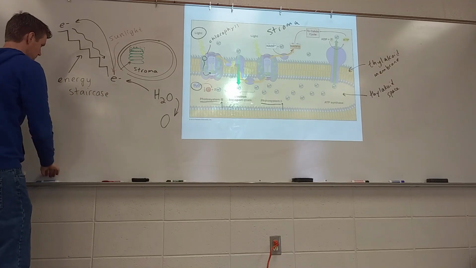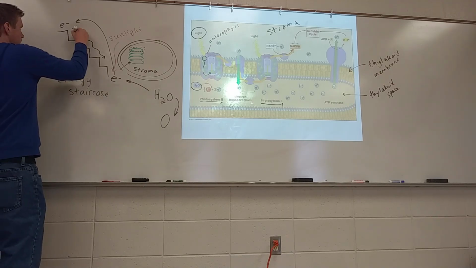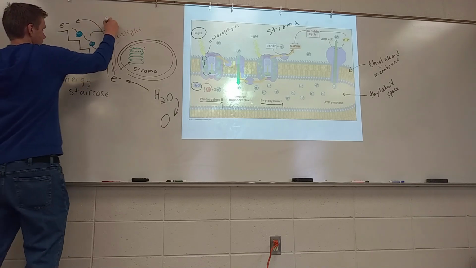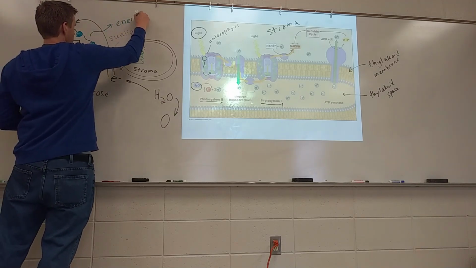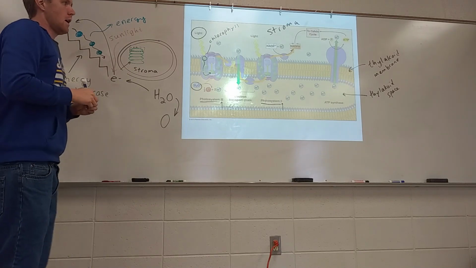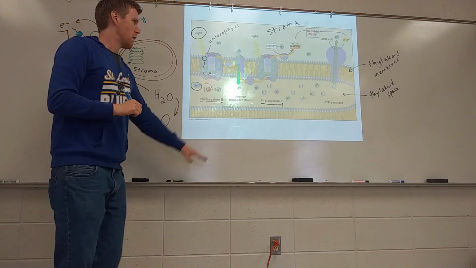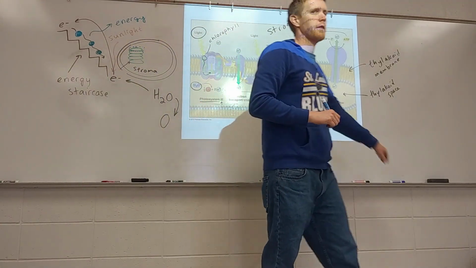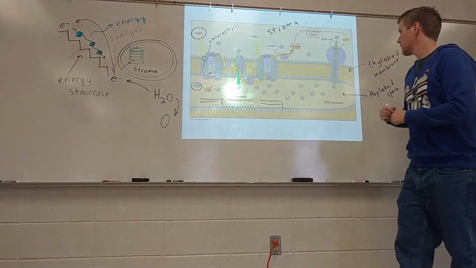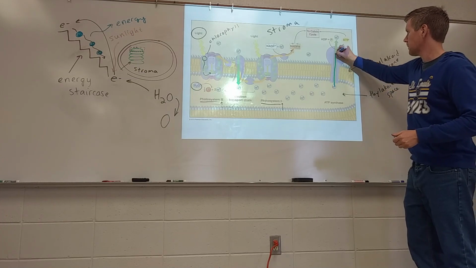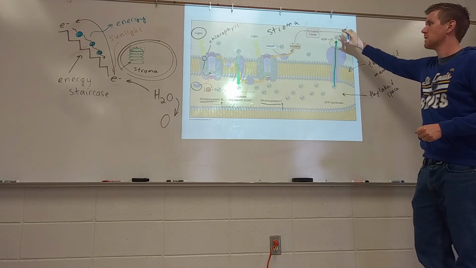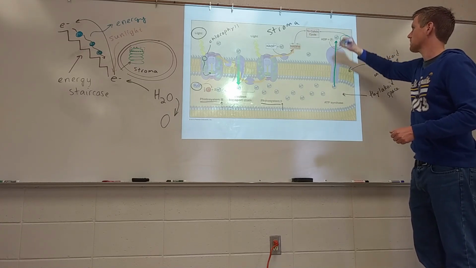If you remember from the previous chapter, it's going to be passed between a bunch of electron carriers and release energy in the process. Just like before, that is going to be used to pump protons into the thylakoid space, and then the energy of the protons moving across that membrane into the stroma is going to be used to make ATP.